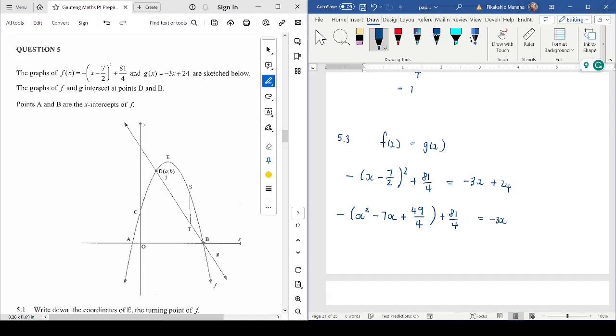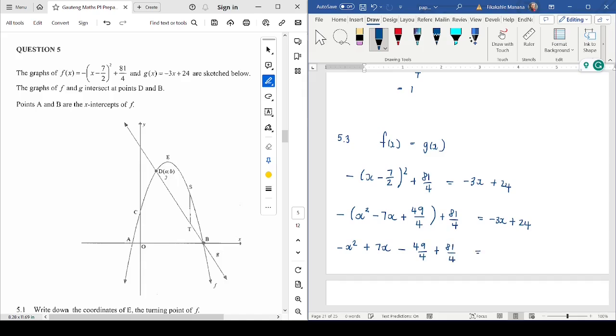On this side we just have negative 3x plus 24. If we put in the negative, we have negative x squared plus 7x, and sorry, negative 49 over 4, because we're multiplying in the negative. Let me put it under its own bracket, and then plus 81 over 4.